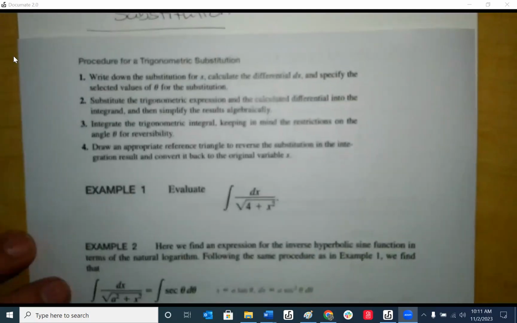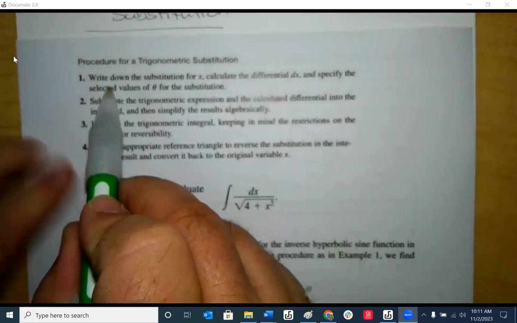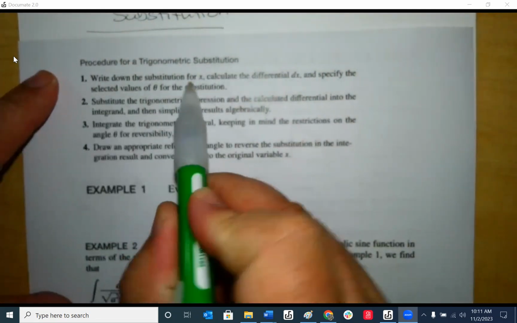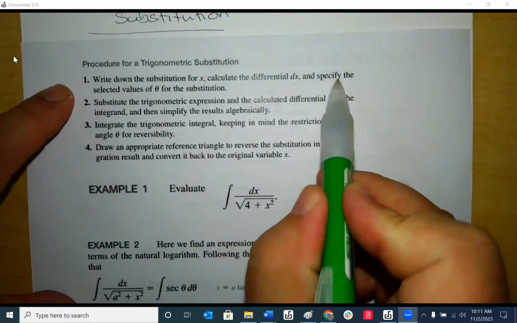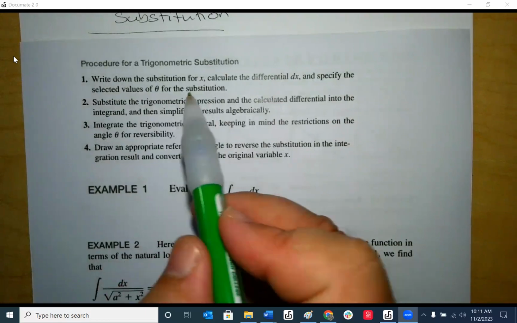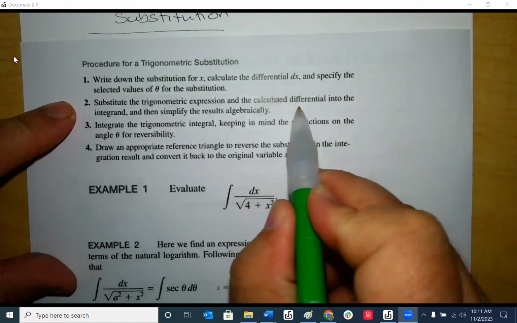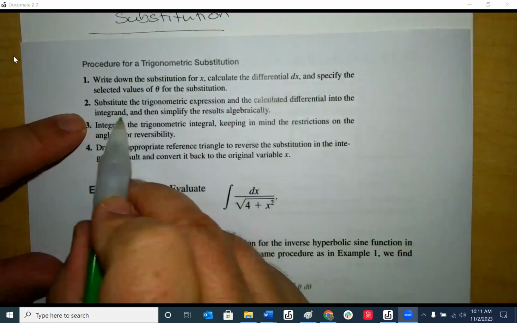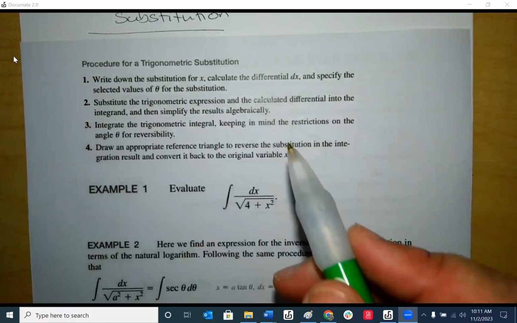The procedures we'll be using to solve these: write down the substitution for x, calculate the differential dx, and specify the selected values of theta for the substitution. Substitute the trigonometric expression with the calculated differential into the integrand, and then simplify it.